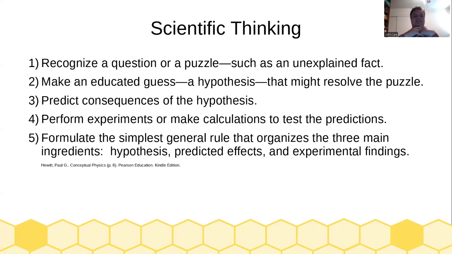First, you have to recognize a question or a puzzle, such as an unexplained fact, then make an educated guess, which is called a hypothesis, the most important part of science, that might resolve the puzzle, predict the consequences of the hypothesis, perform experiments or make calculations to test the predictions, and formulate the simplest general rule that organizes the three main ingredients: hypothesis, predicted effects, and experimental findings. This is called Occam's razor or parsimony, and is one of the most important ideals in science.